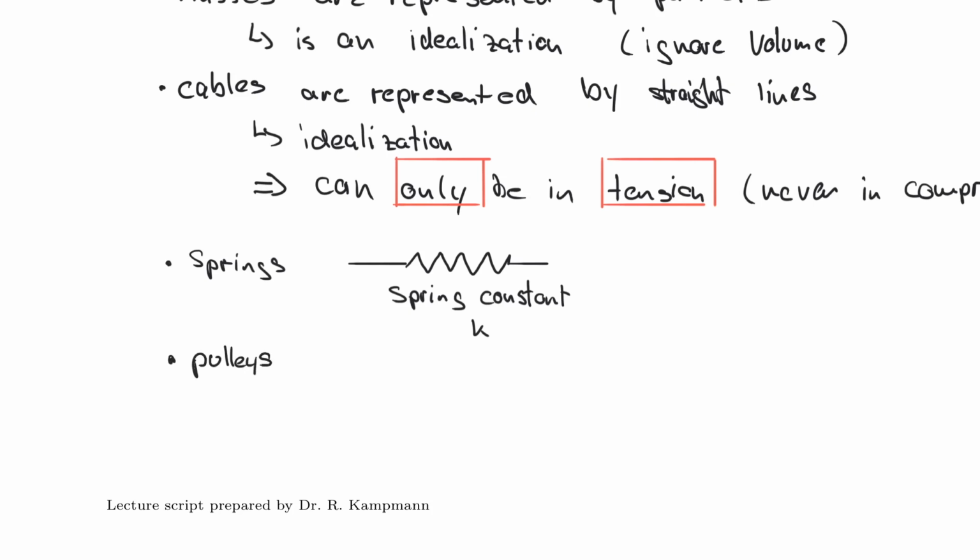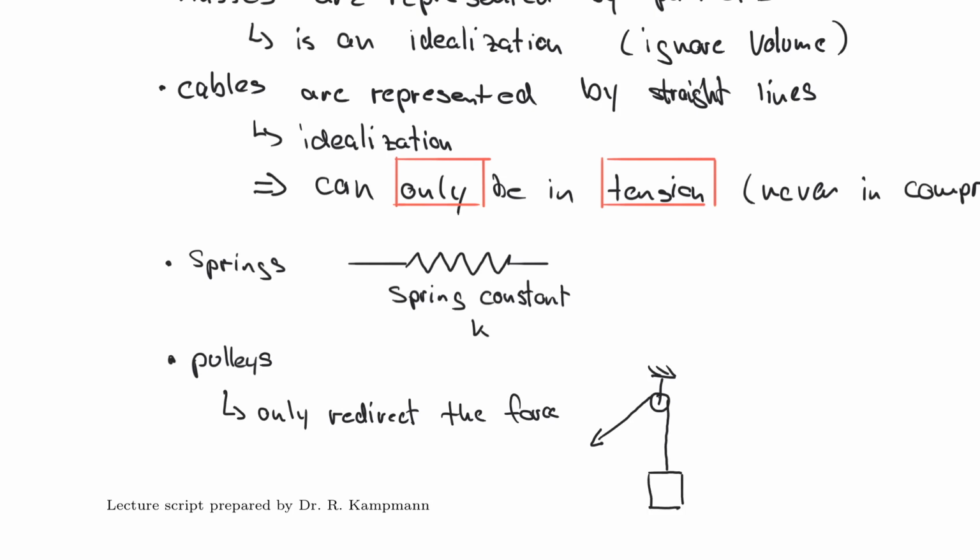And for those pulley systems, please understand that they only redirect the force. So they don't add or subtract any force. So let's say you have a pulley here that is hanging on the ceiling, and you have a force in a cable that's going in this direction, and let's say you have a box hanging here.